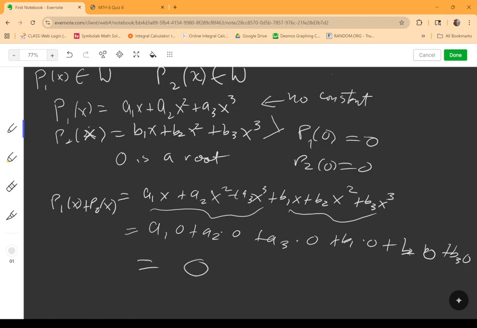So we get 0, the 0 polynomial, when I add P1 of x and P2 of x. What that tells me is it is in fact closed under vector addition.